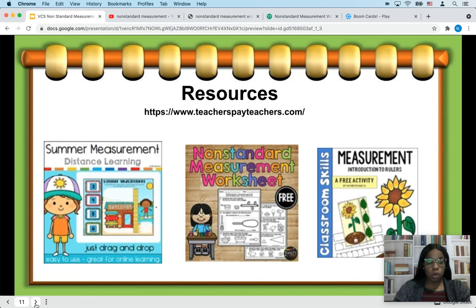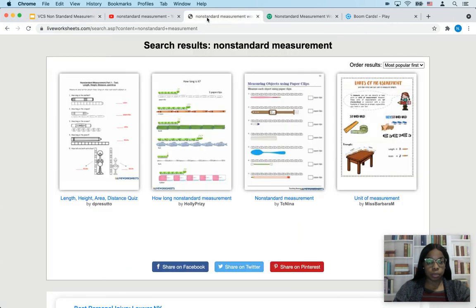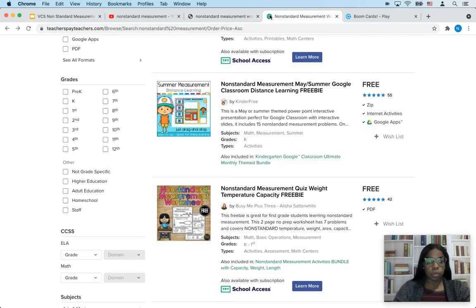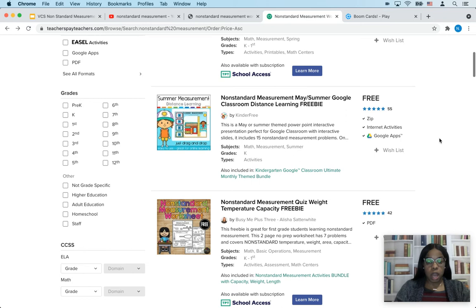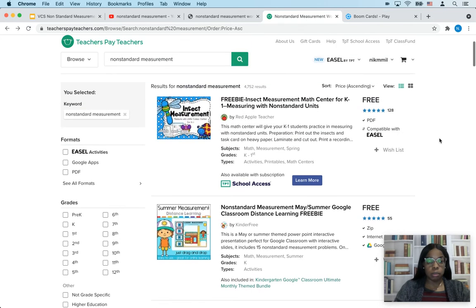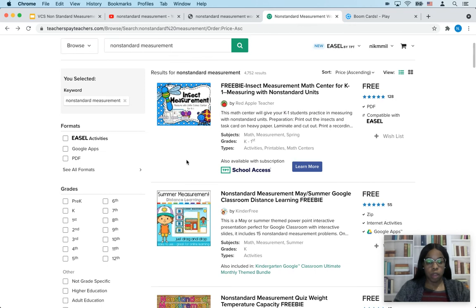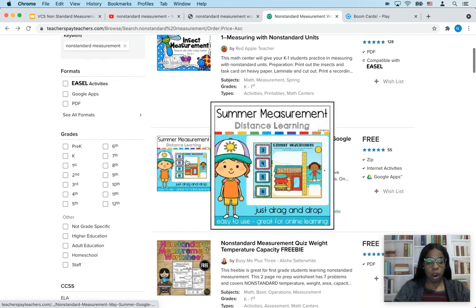One resource you can utilize to find some of those printable sheets is teacherpayteachers.com. And there you would search for non-standard measurement in ascending order to look at the free items first. And you'll find a series of items that are free.